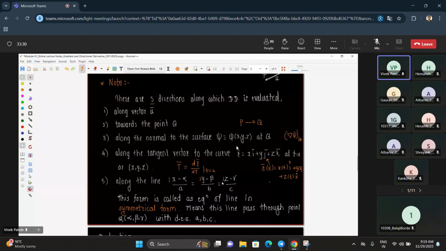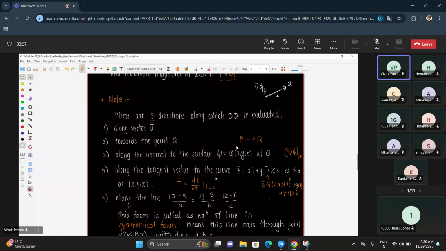Once you make the coefficients 1, 1, 1, the numbers you get in the denominator are treated as direction ratios, otherwise not. So these are the 5 cases along which we are going to evaluate our directional derivative.